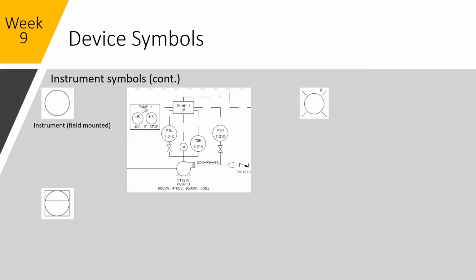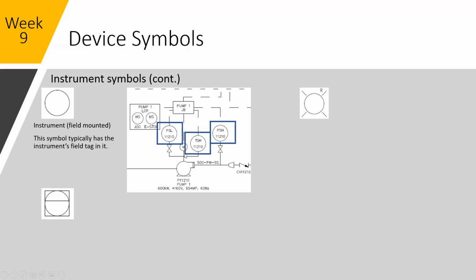Instrumentation symbols continued. You can see here in this example, we have a field mounted piece of instrumentation. That's going to be these temperature sensors. They're, again, typically field mounted.